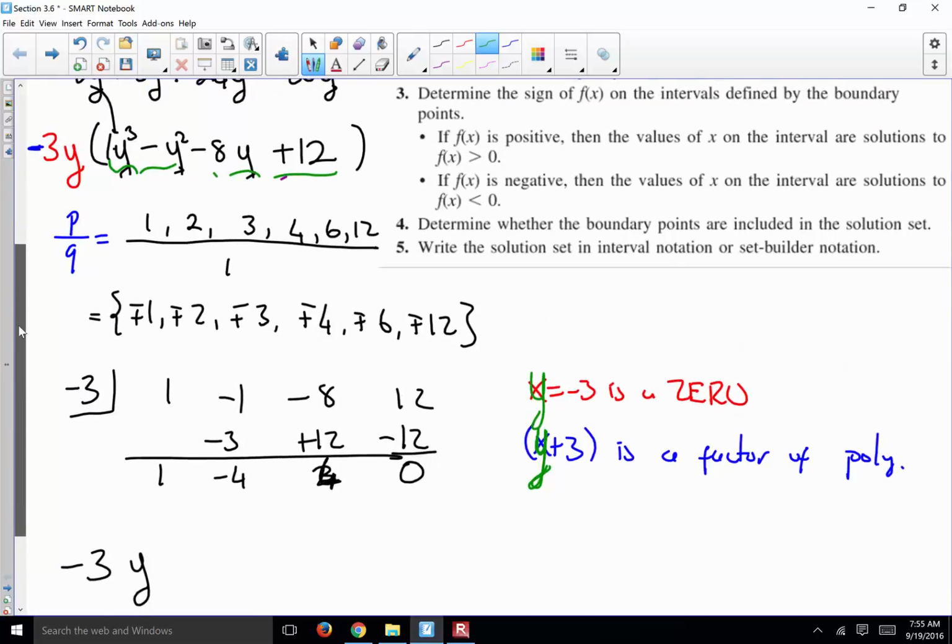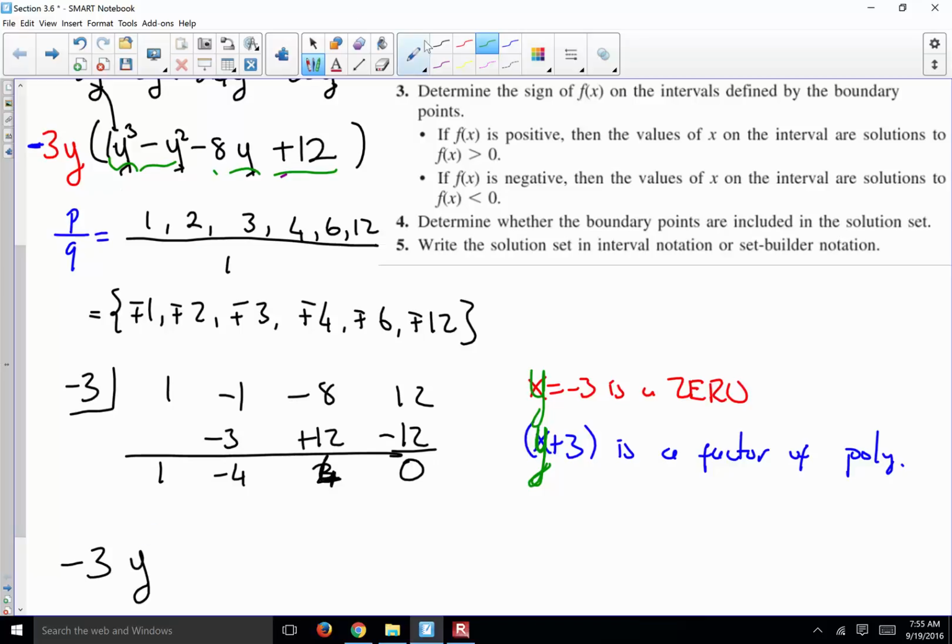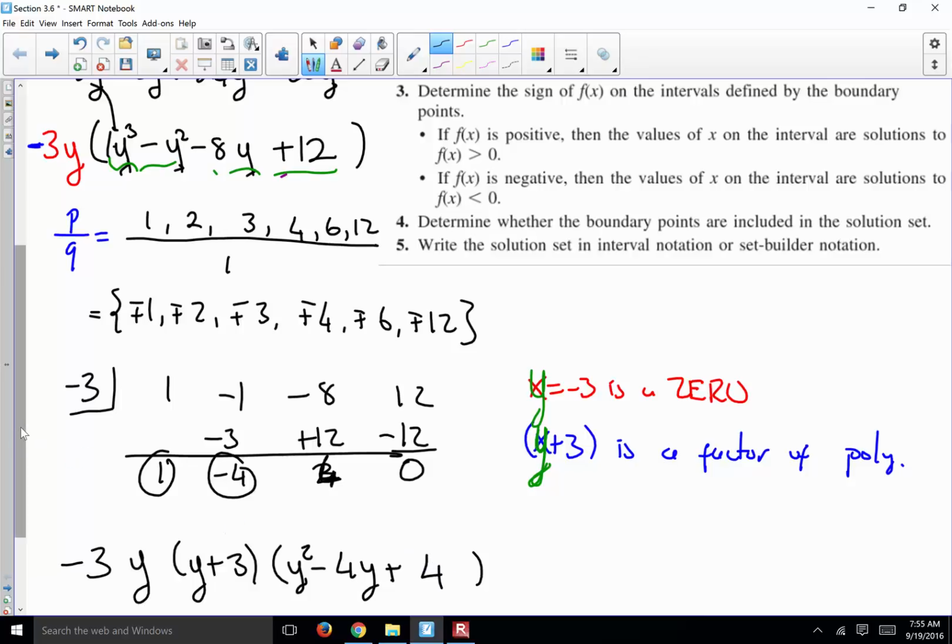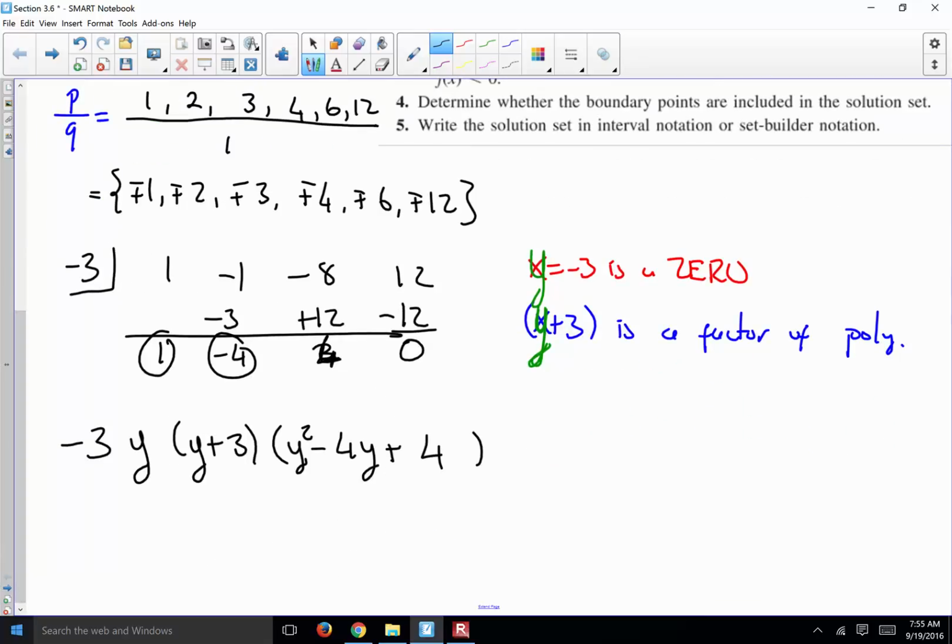So far our polynomial is broken into y plus 3 as one factor. What is the remaining piece? y squared minus 4y plus 4. Okay?